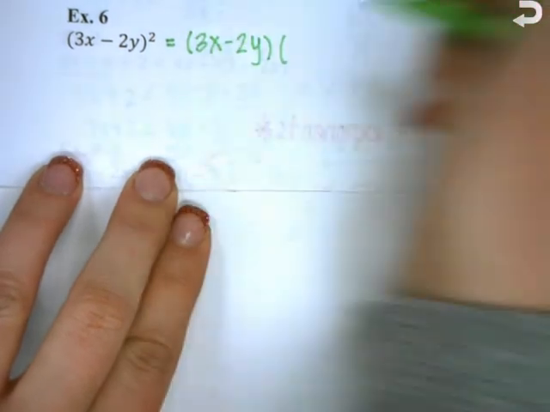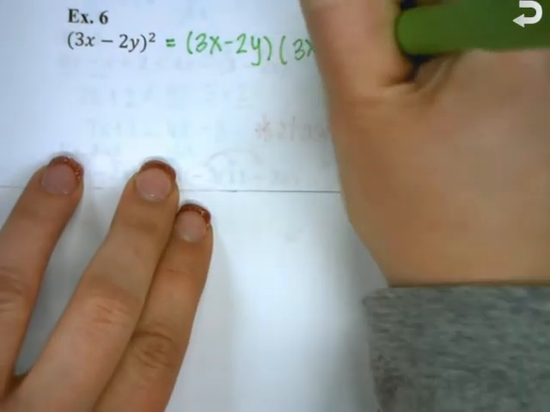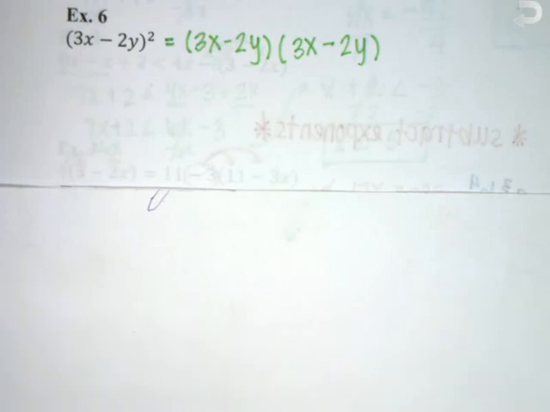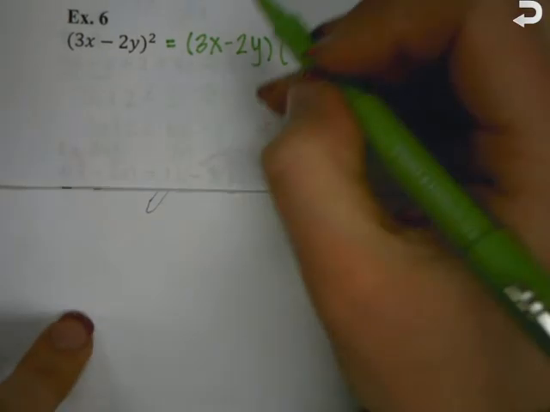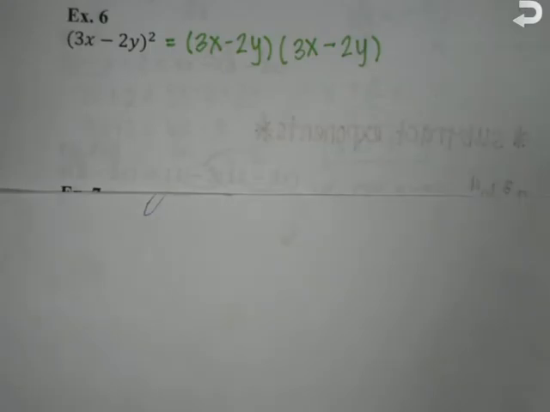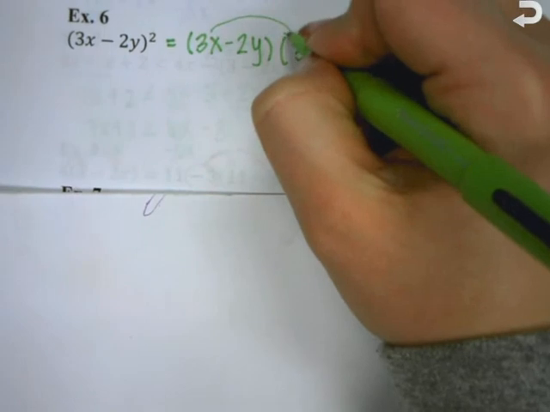You can use box or FOIL. Since we did box on the last one, I'm going to use FOIL this time. 3x times 3x, what does that give me? 9x squared.